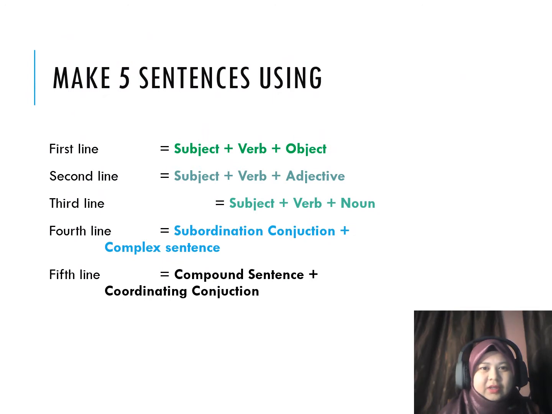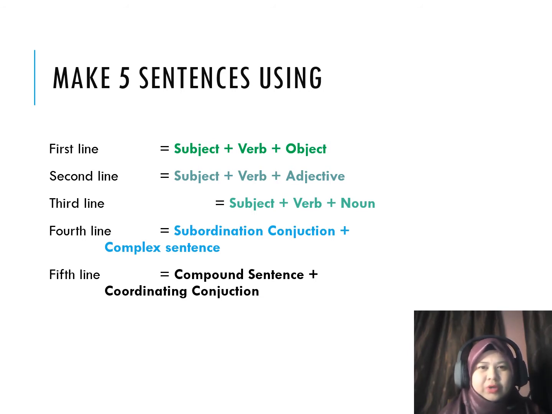These are the sentences that you will learn for this PDPR. We have to focus on the first line here. You have the subject, verb, and object. We are going to create only 5 sentences.